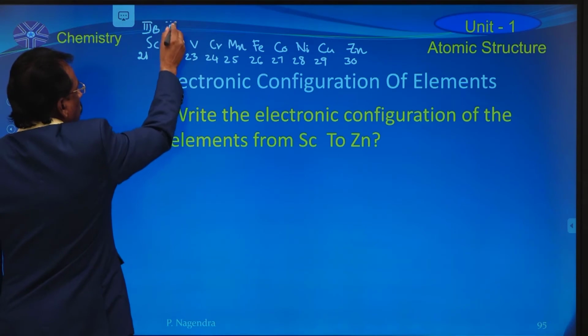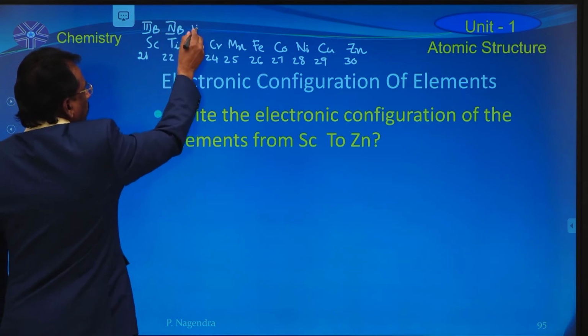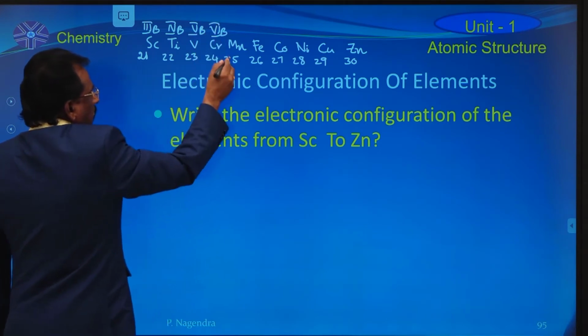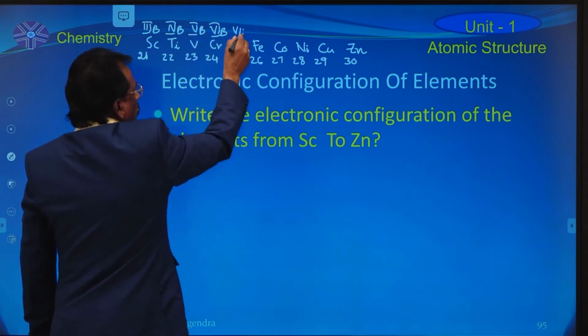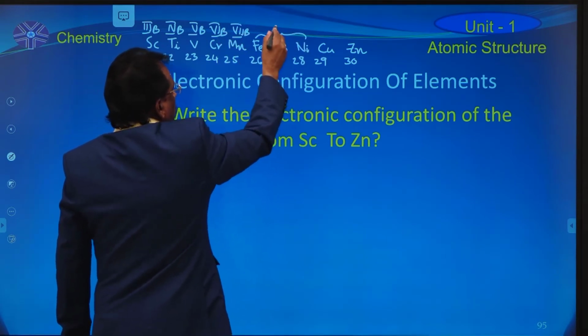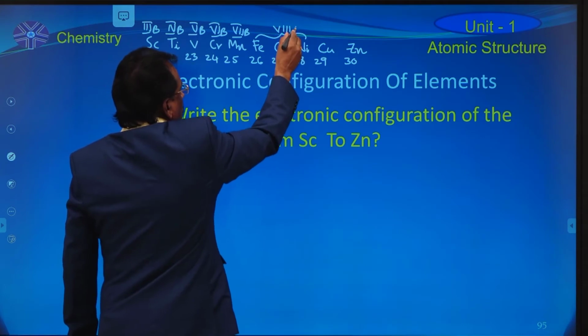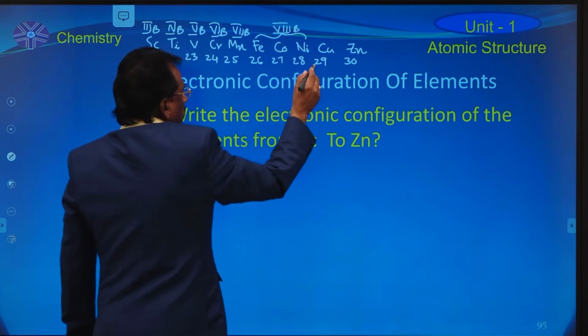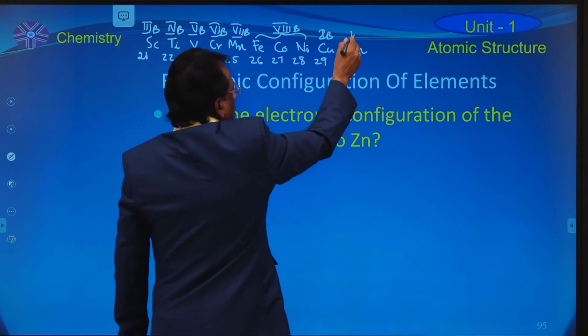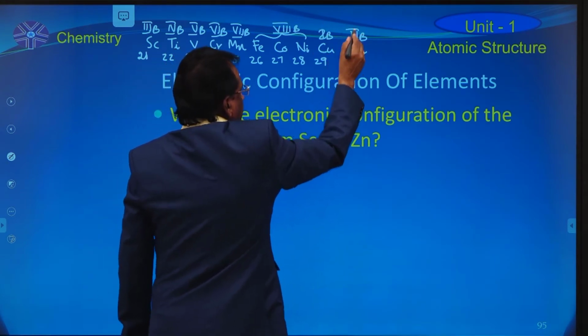This is the fourth B group and fifth B group, and this is the sixth B group, and manganese belongs to the seventh B group, and iron, cobalt, nickel belong to the eighth B group, and copper belongs to the first B group, and zinc belongs to the second B group.